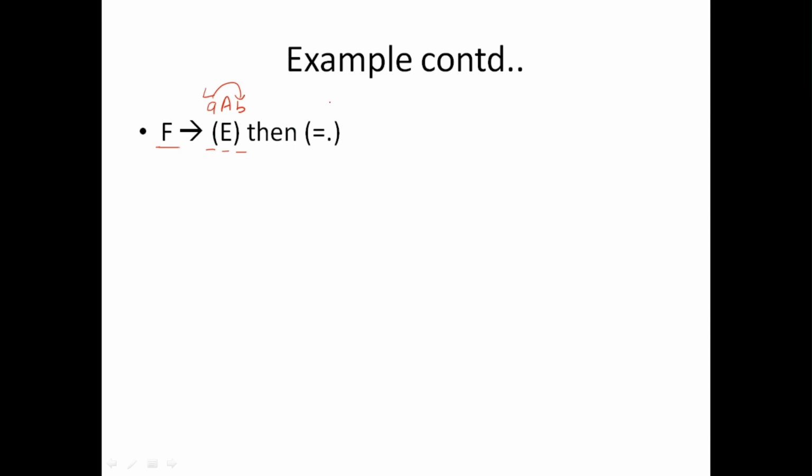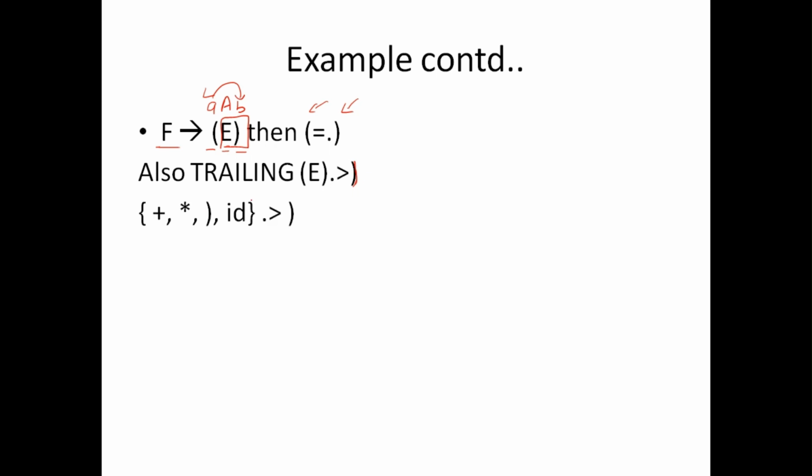So opening parenthesis and closing parenthesis are at the same precedence level. Also, consider this portion only. Then trailing of E will take precedence over this closing parenthesis, meaning plus, asterisk, closing parenthesis and id will take precedence over this.